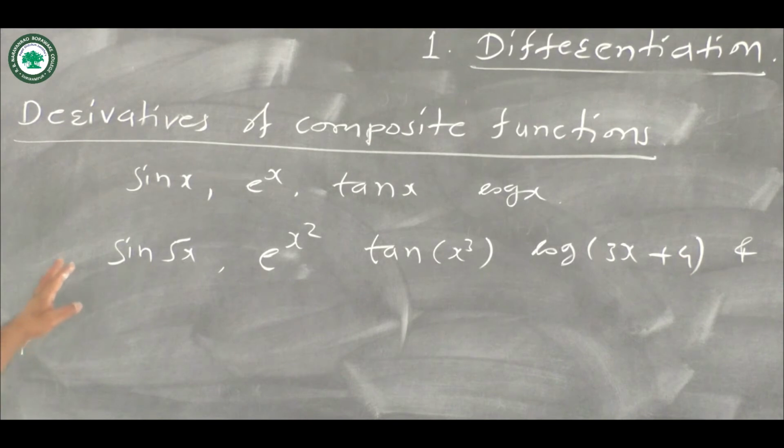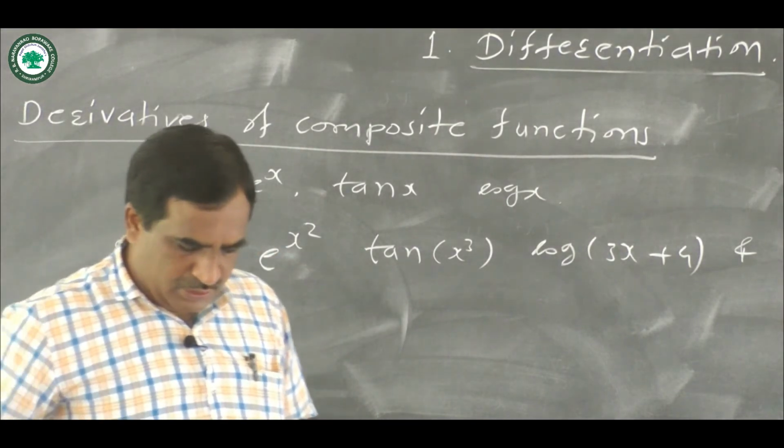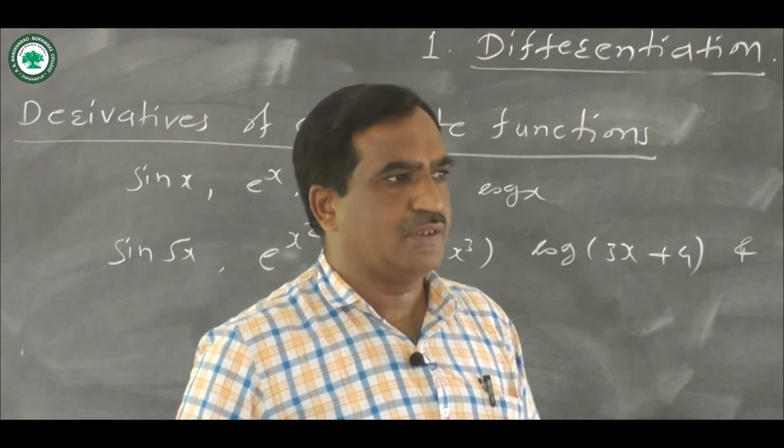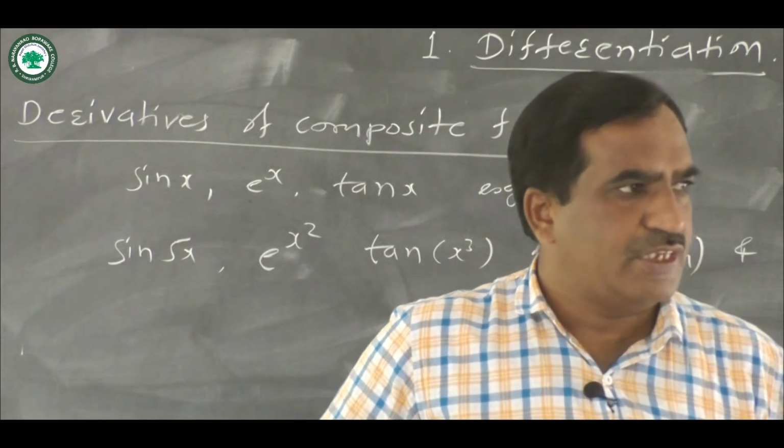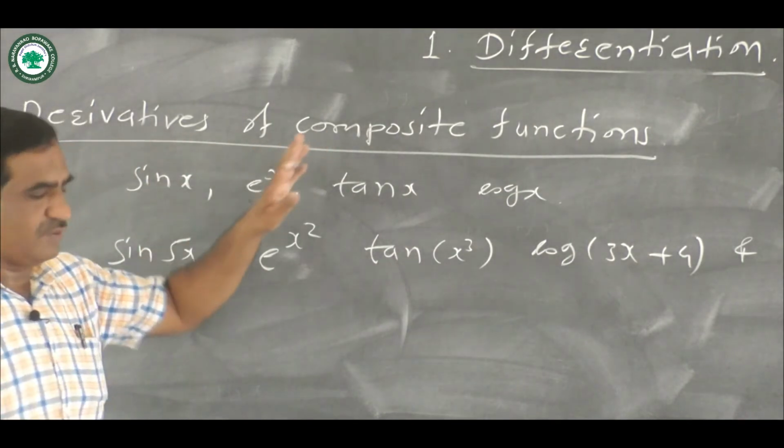We don't know the derivatives of these composite functions. For finding the derivatives of all these composite functions, we have to learn one rule, the chain rule or composite rule, in this article, derivatives of composite function.